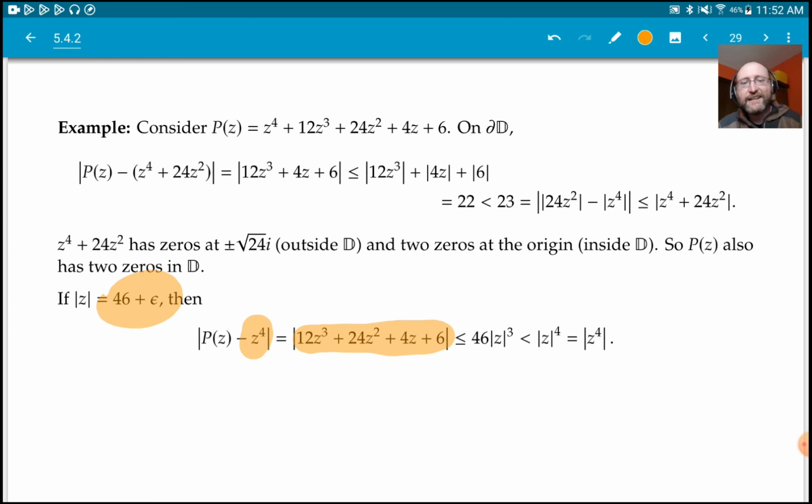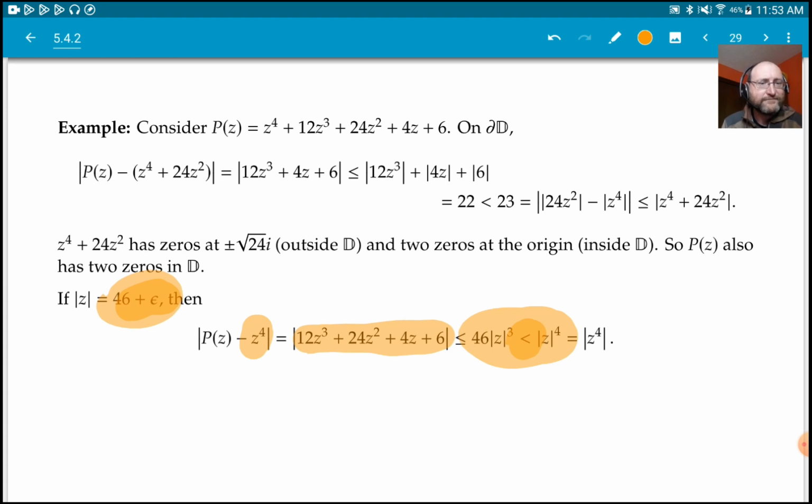And I again do this really stupid estimate, and I get a strict inequality because mod z is 46 plus epsilon, compared to z to the 4th.